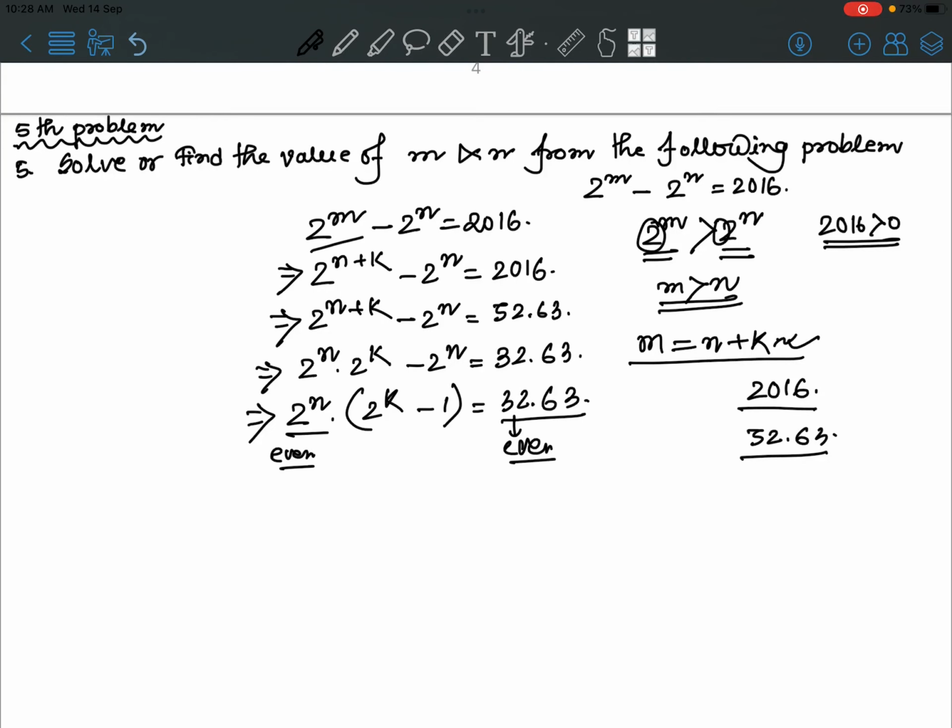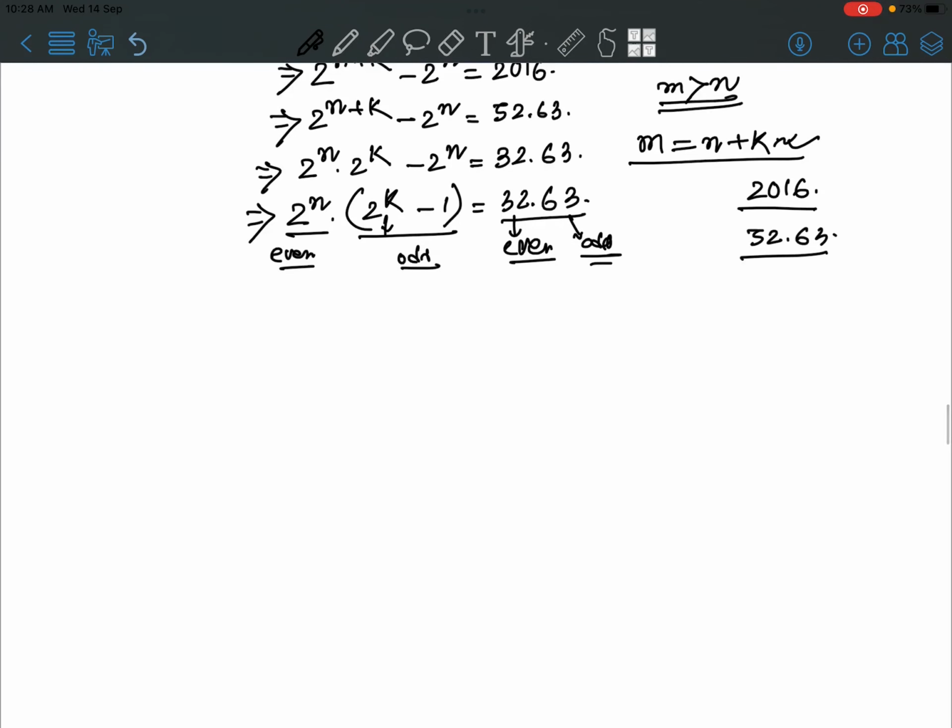Now 2 to the power k is even, but 2 to the power k minus 1 is odd, and 63 is also odd. Now we equate even with even and odd with odd. So even and even: 2 to the power n equals 32, and odd and odd: 2 to the power k minus 1 equals 63.